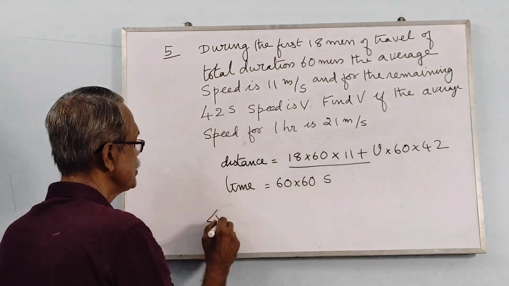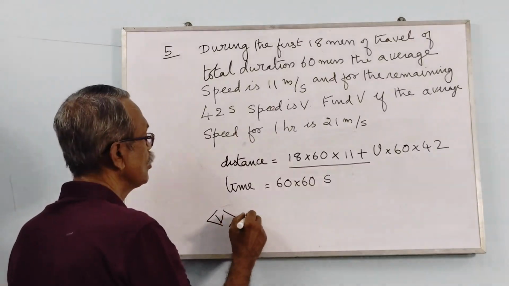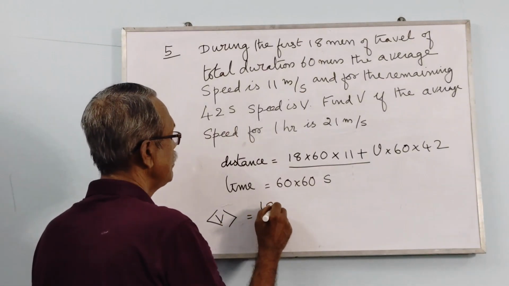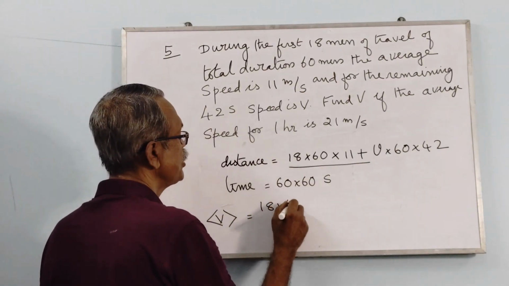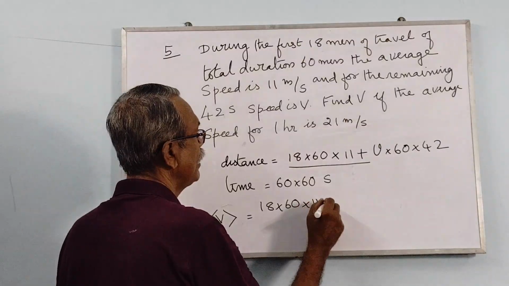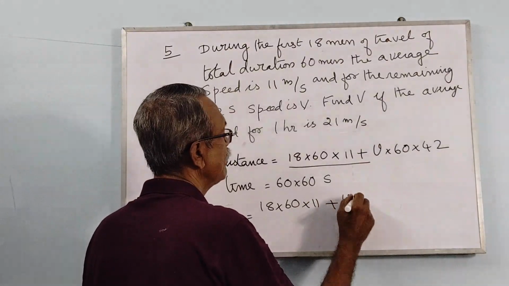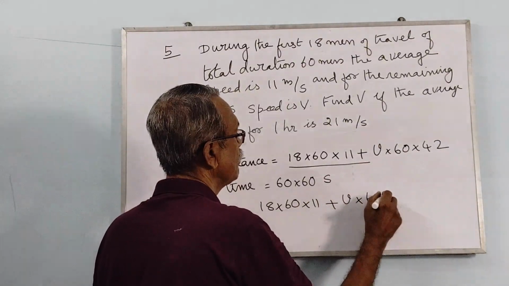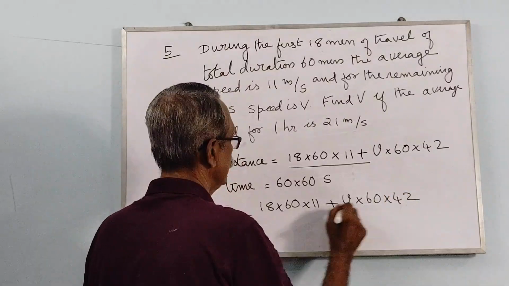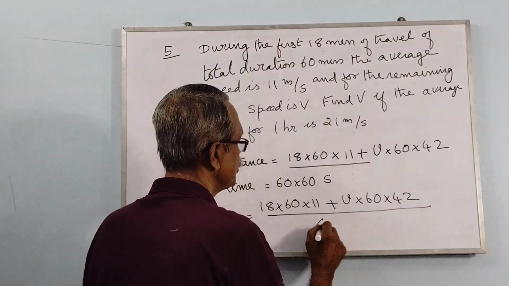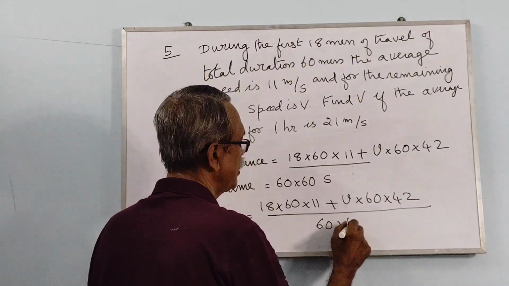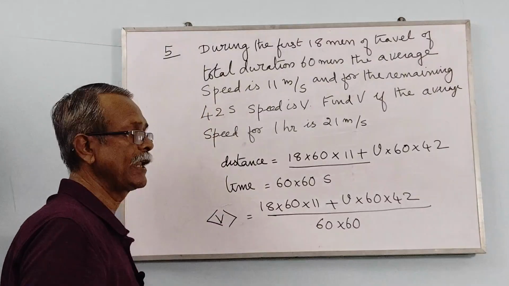So average speed will be equal to 18 multiplied by 60 multiplied by 11 plus V multiplied by 60 multiplied by 42, divided by 60 multiplied by 60. I have changed all to seconds.